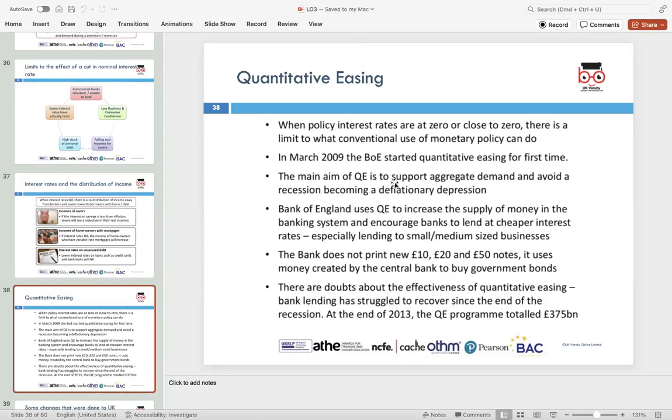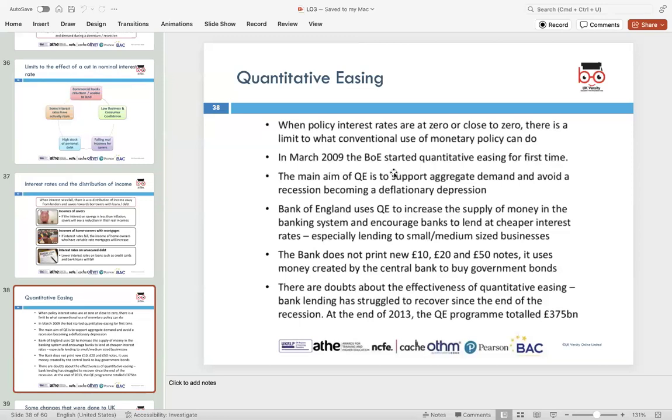So one of the primary goals of quantitative easing is to strengthen aggregate demand and prevent a recession from escalating into a deflationary depression, in order to boost the amount of money that is available in the system and to encourage banks to lend at lower interest rates.